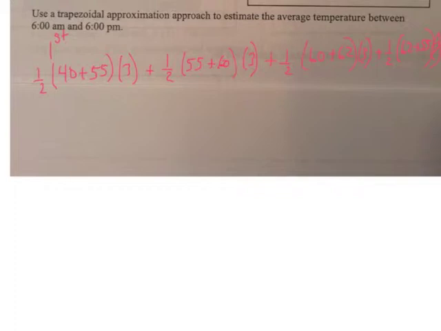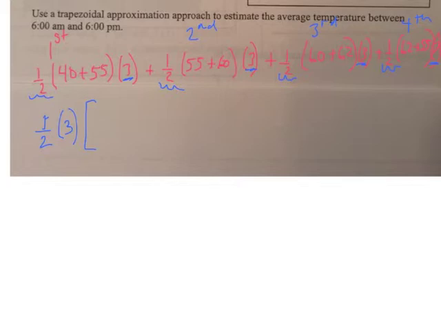Now, obviously, you can take these trapezoids, the first, second, third, and fourth, and just plug that in your calculator to get the total area there. I'm going to simplify this a little bit and have you think about some algebra. I have 1/2 in each of these 4 trapezoids. I also have a 3 in each one. So I could factor out 1/2, and I can factor out the 3.